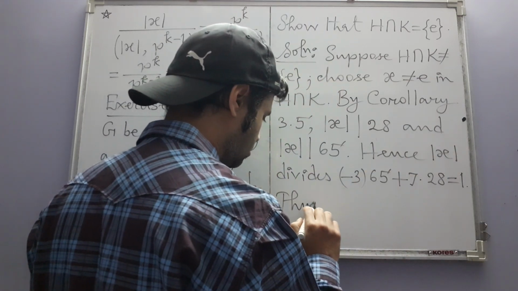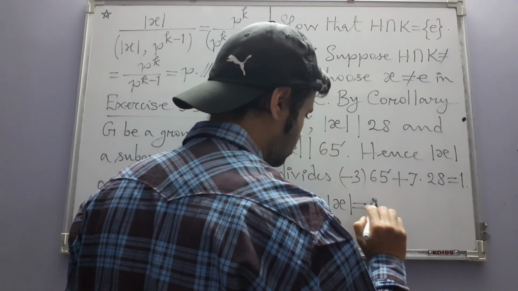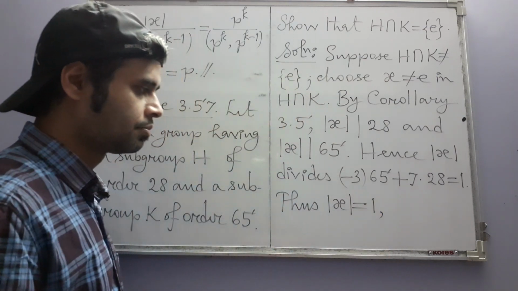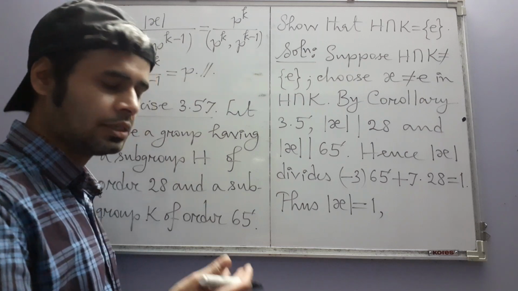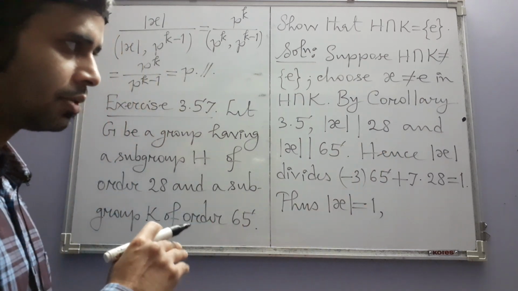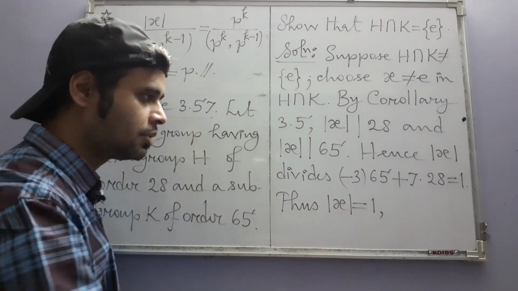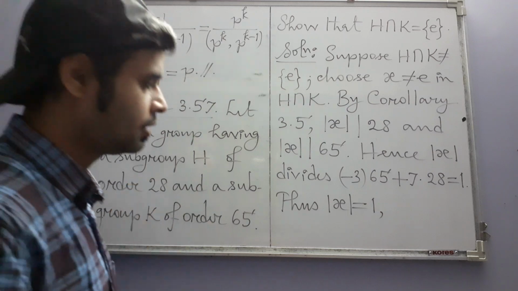Thus, this should be equal to 1. Because it is dividing 1 and its order, by definition any order is a positive integer. So the only positive integer dividing 1 is 1 itself.